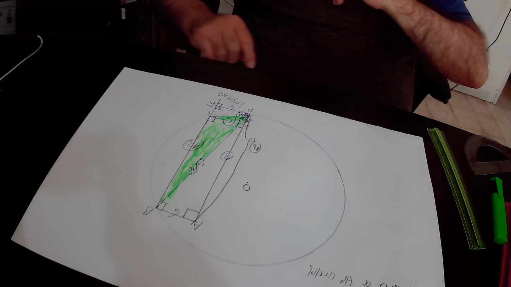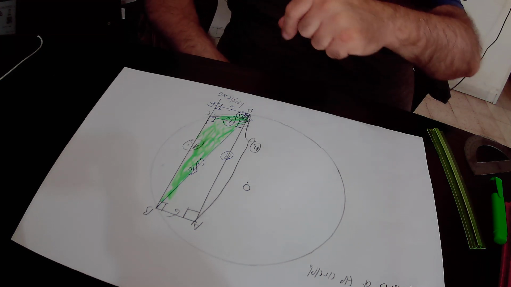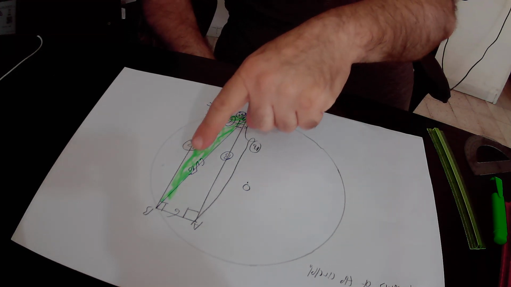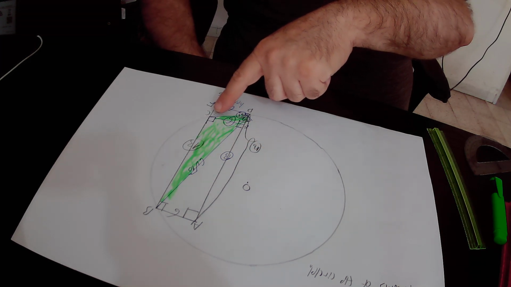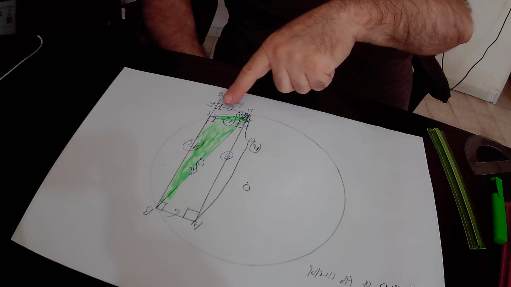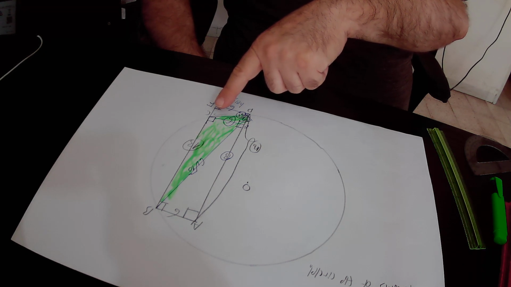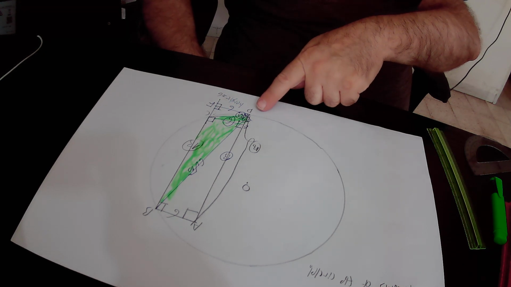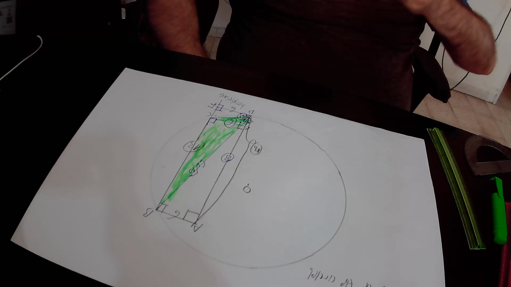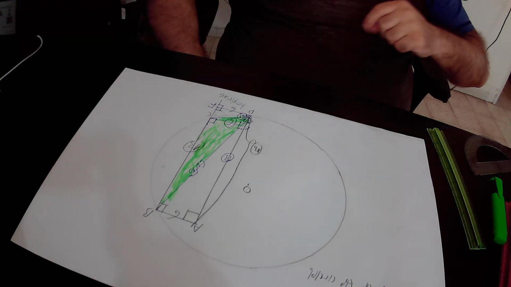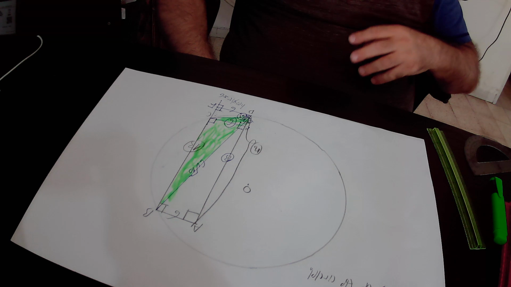Why is the green triangle blocked by this circle? Because this vertex touches the circle at point B, this vertex of the triangle BDC touches the circle at point C, and this vertex of the green triangle touches the circle at point D. Therefore, we can definitely say that this green triangle is blocked by this circle.